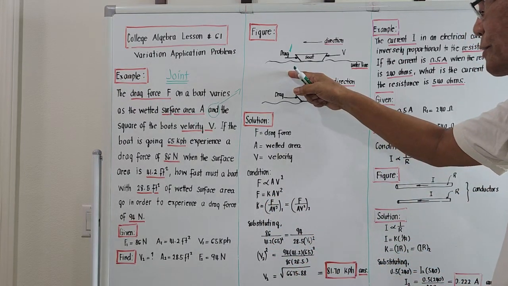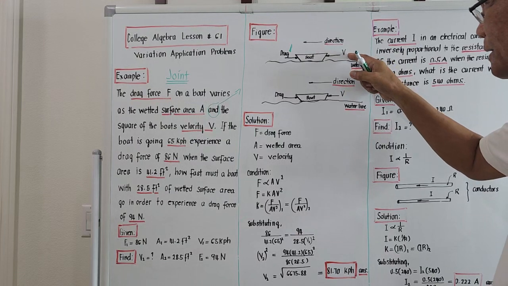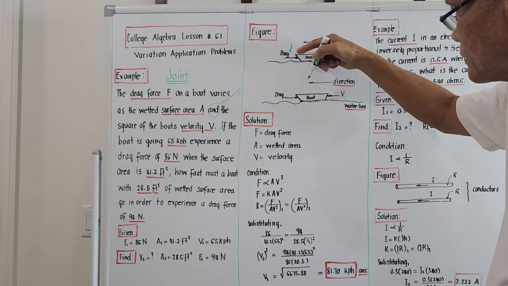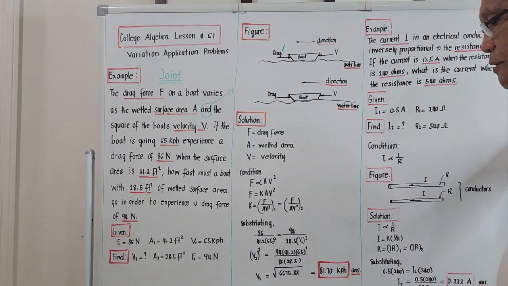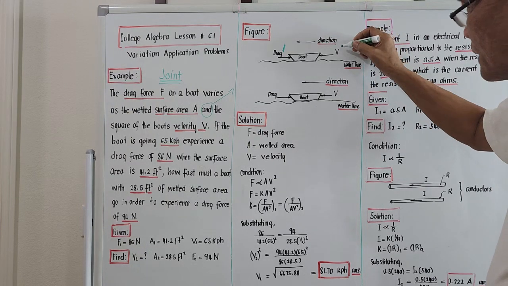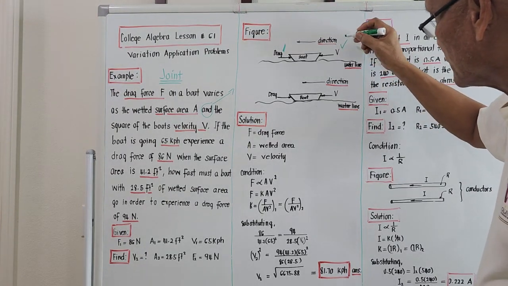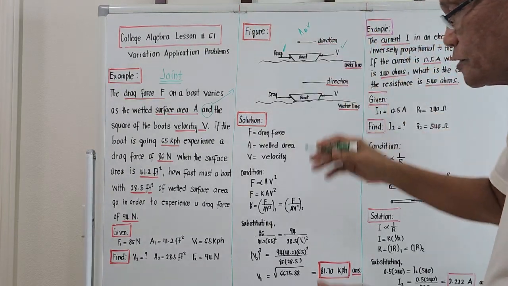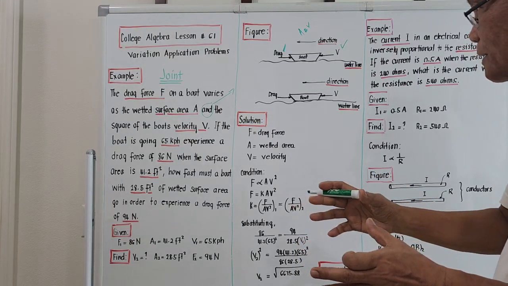This is drag force, and there's a velocity V. So for condition number one, we are given drag force number one, we are given the velocity, and we are given the surface area. Surface area means the area that is submerged in water, the weighted surface area.